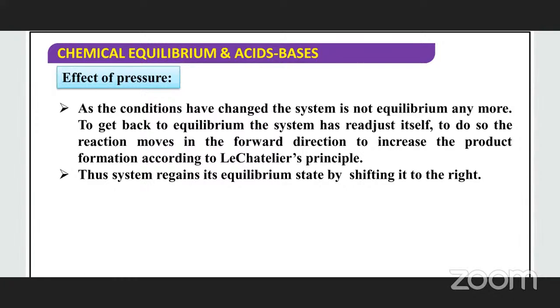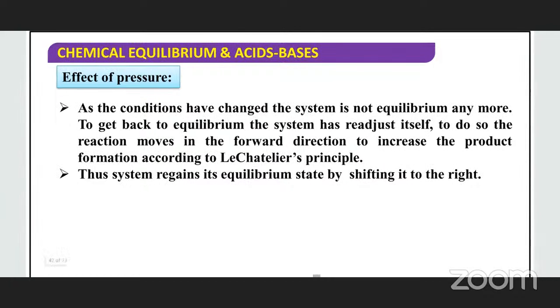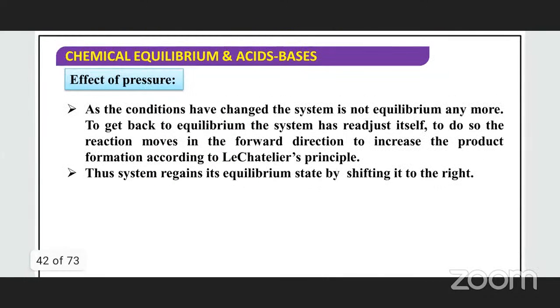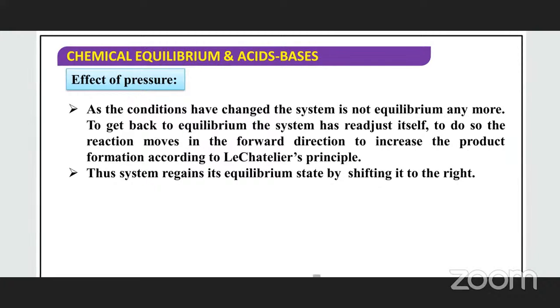To get back to equilibrium, the system has to readjust itself. The reaction moves in the forward direction to increase product formation according to Le Chatelier principle. The system regains its equilibrium state by shifting to the right.